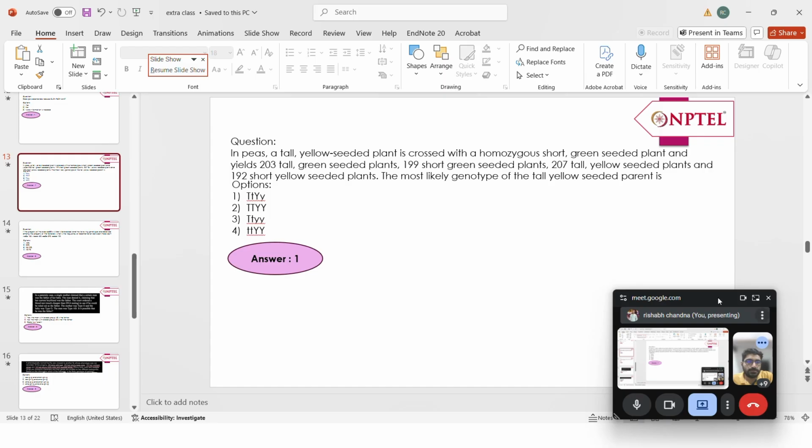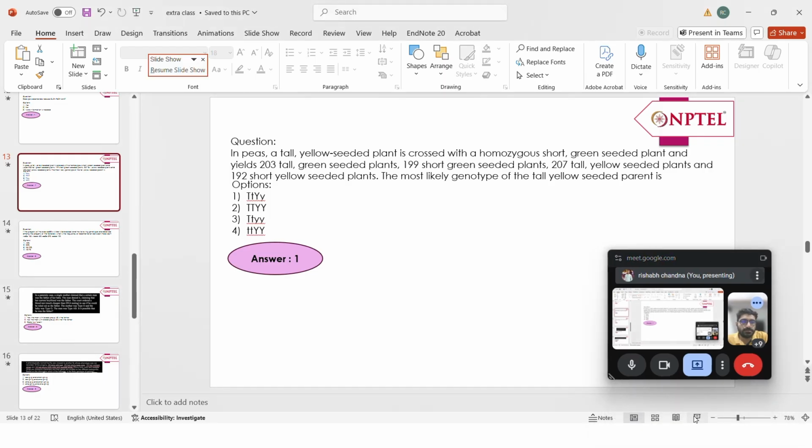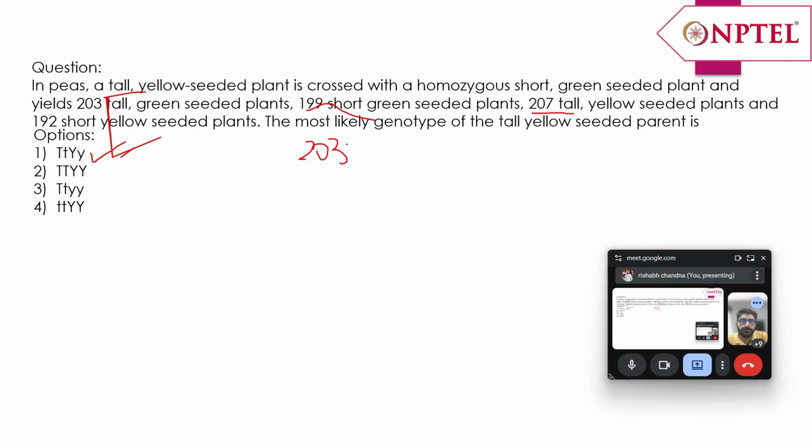Here we have a tall and yellow seeded plant that is crossed with a short green seeded plant.